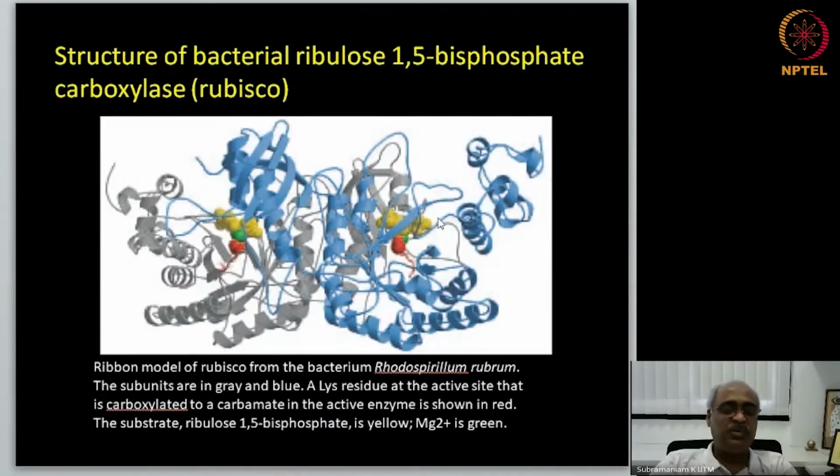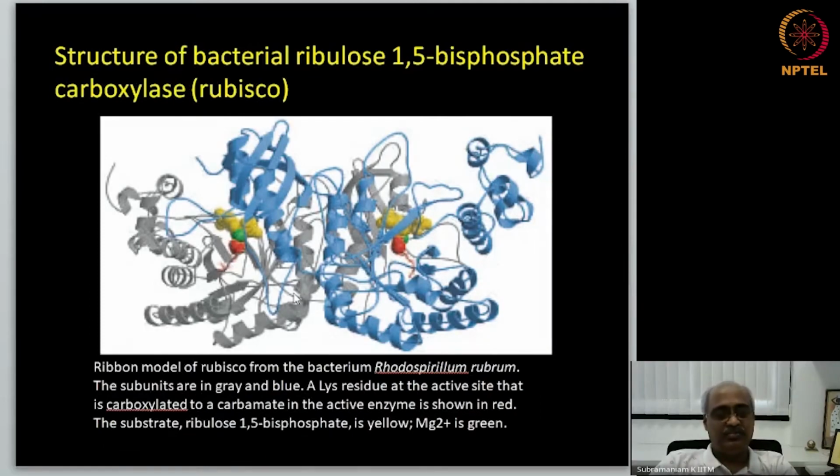So this is a simpler version of the same enzyme found in bacterium. Okay, Rhodospirillum rubrum here shown. So this is the ribbon model, where it's very similar as if you have only a dimer here. Okay, so the blue 2 of them and gray 2 of them.